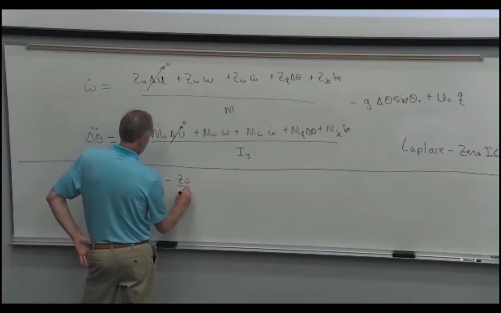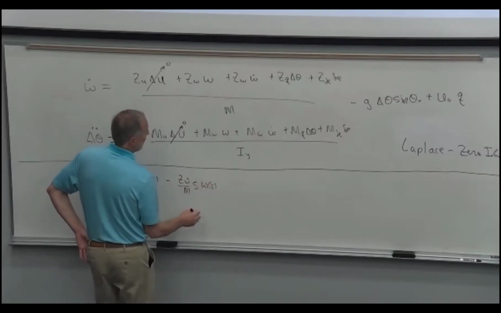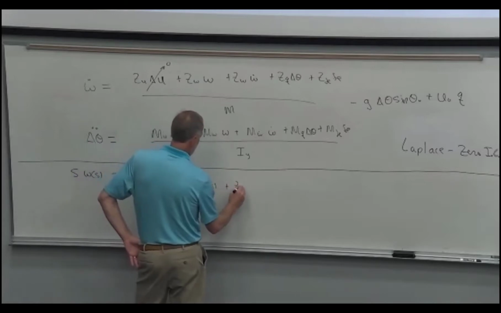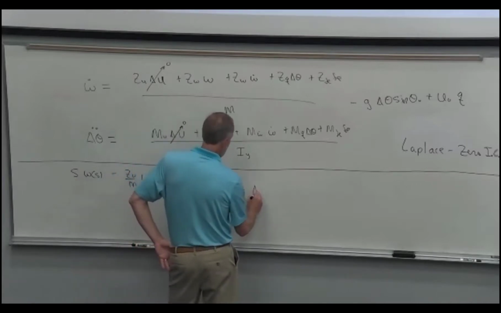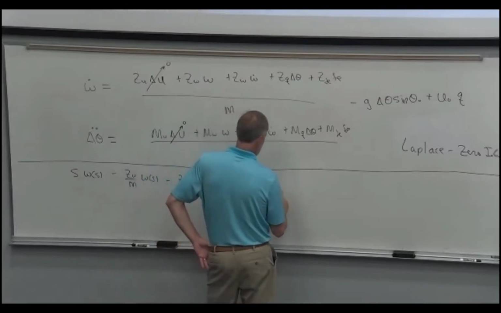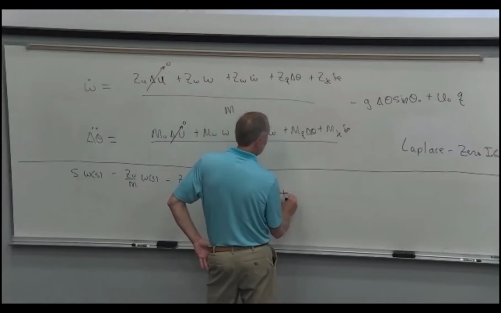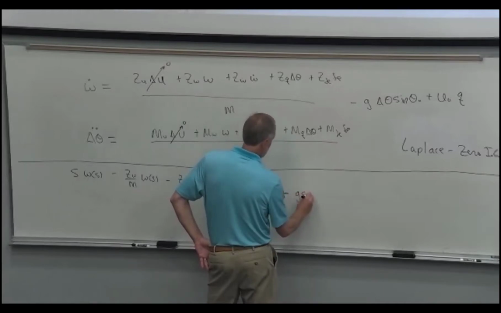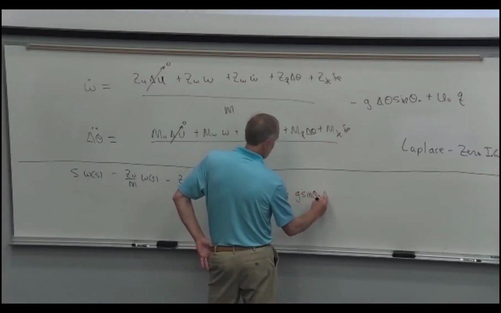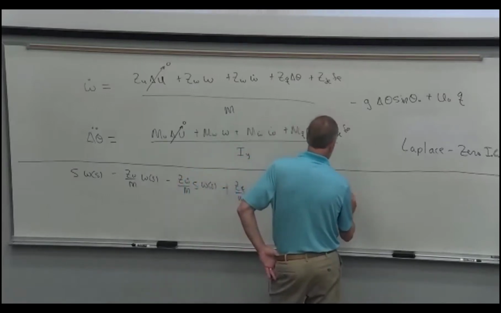That's a number. And then we get S with the derivative. No derivative here, so we just get delta theta of S. We're going to leave the delta E over on the right-hand side, but we get a plus G sine theta 0. And then this is our time function, so we get a delta theta of S.